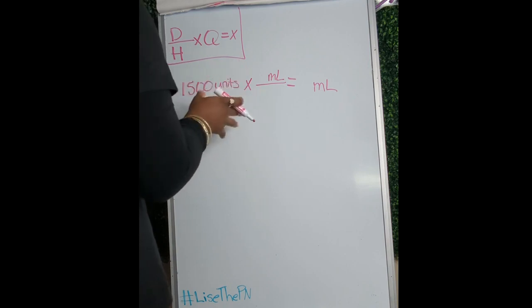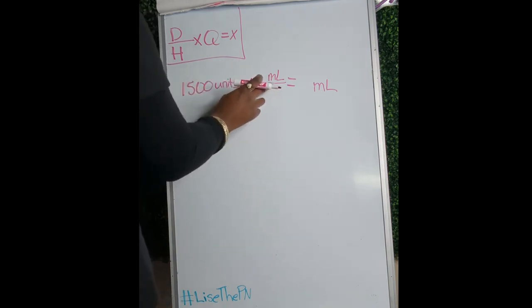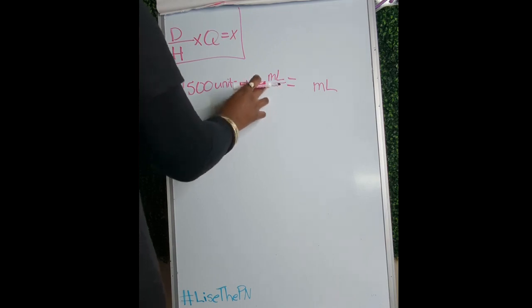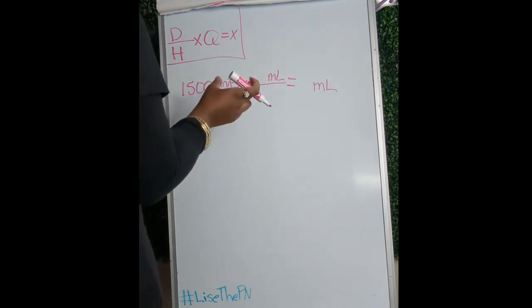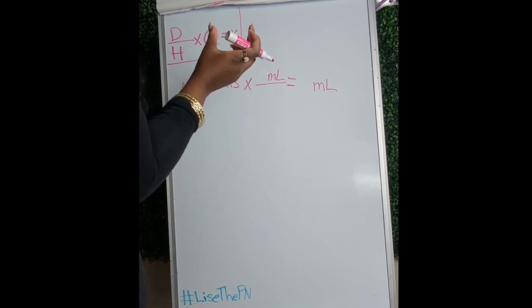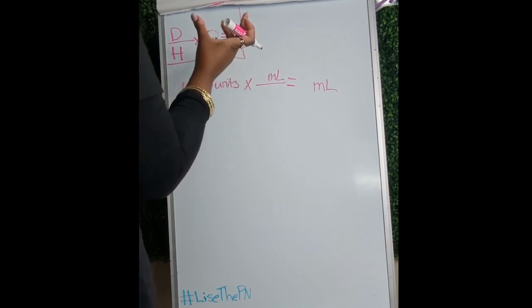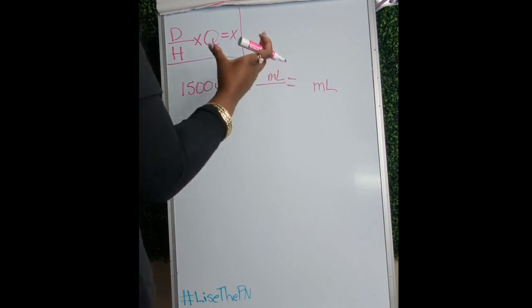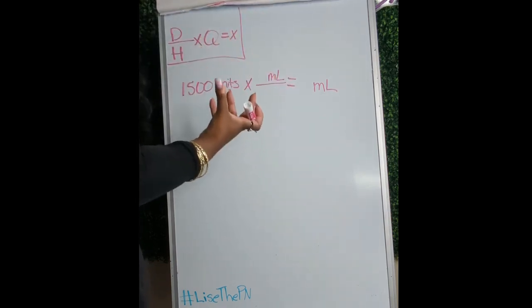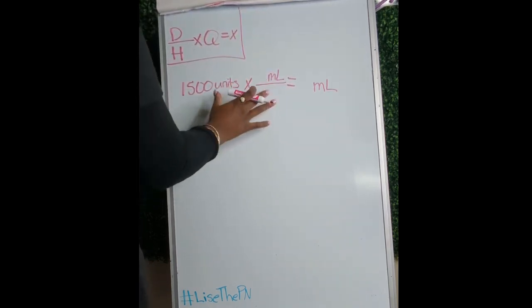Okay, and so then what goes right here, this is the dose on hand. Okay, so basically you will look at the order, you would look at the medicine, and you would see basically, okay, how much came in it to begin with, and that's how much you're gonna put here.